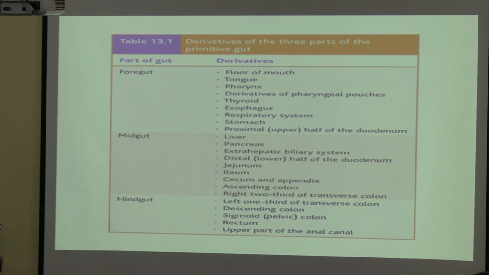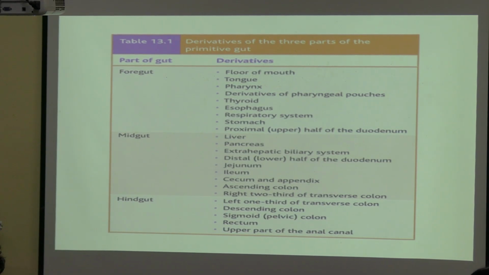And the derivatives of hindgut are left 1/3 of the transverse colon, descending colon, sigmoid colon, rectum, and upper part of the anal canal. You have to remember each and every structure that derives from your gut part.